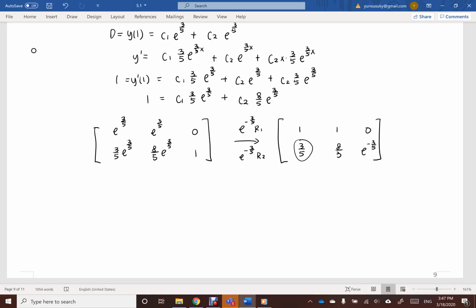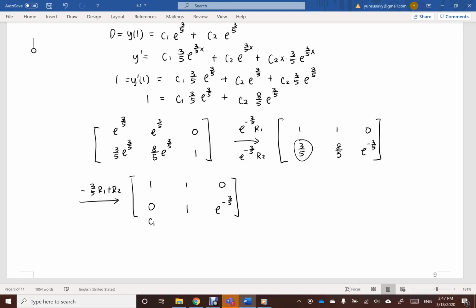So what do we do? Use negative 3 over 5 r1 added to r2. So we have 1, 1, 0. This guy is 0. And then next we have 8 over 5 minus 3 over 5, that is 1. So 1 is e to the negative 3 over 5.